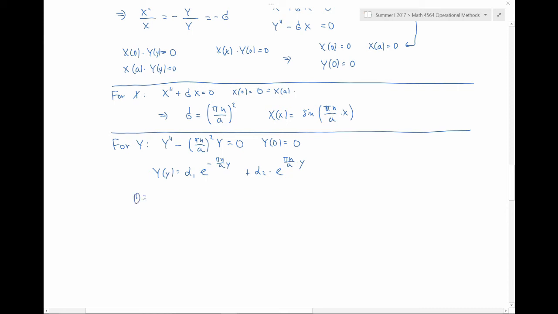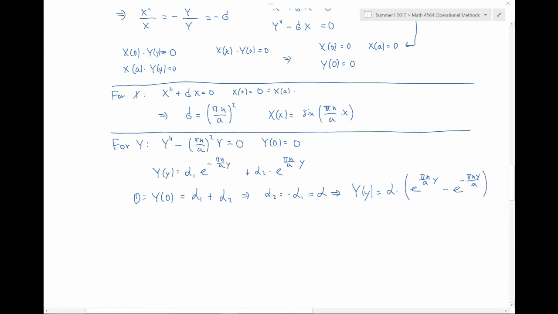To satisfy the condition that Y of 0 equals 0, we get that alpha 1 plus alpha 2 should be 0. Therefore, the constants are just negatives of each other. So we can say that alpha 2 equals negative alpha 1, or just alpha, and therefore Y of y can be written as alpha times e to the pi n over a y minus e to the minus pi n y over a.